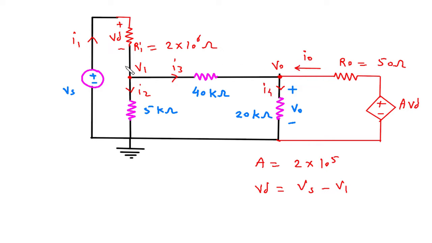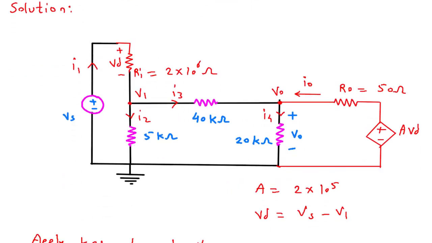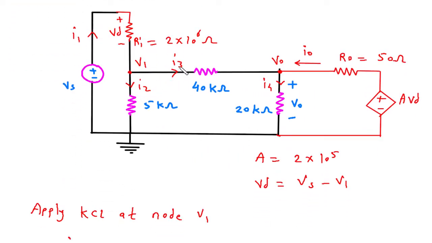Now we will apply KCL at node V1. So here summation of all the entering current is I1. I1 is equal to summation of all the leaving currents, I2 plus I3.